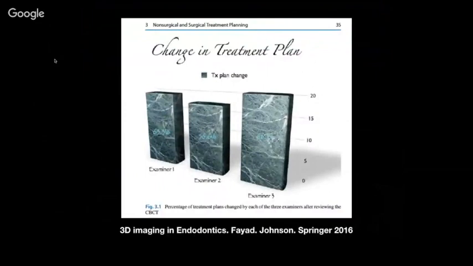In a paper or a book published in 2016 by Dr. Fayyad and Johnson, they mentioned the interest of the CBCT in diagnosis.